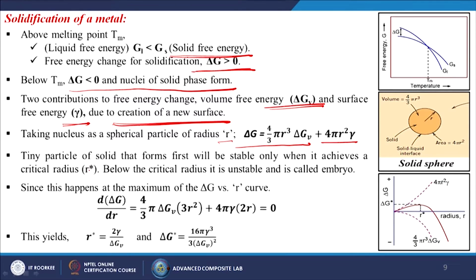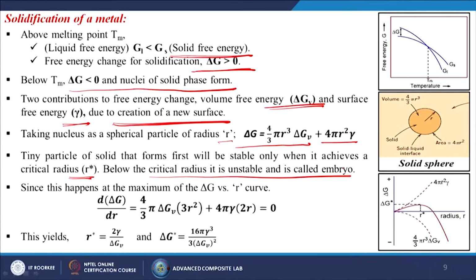A tiny particle of solid that forms first will be stable only when it achieves a critical radius r prime. Below the critical radius it is unstable and it is called the embryo. That means it has started, and this radius is not stable. After a certain time it will achieve the stable radius, or maybe the stable shape or size.